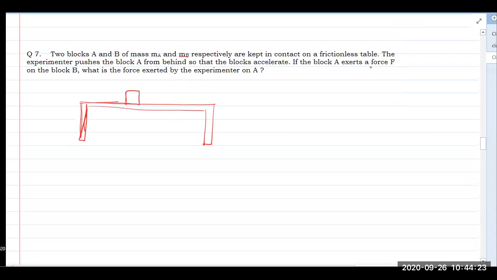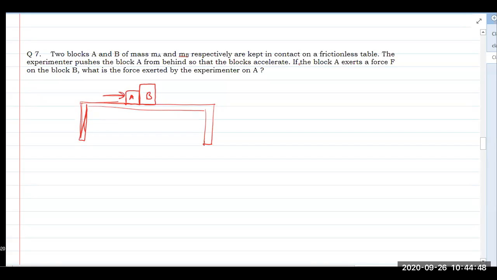The experimenter pushes the block A from behind so that the blocks accelerate. Suppose this is A and this is B, and the experimenter pushes with a force from behind like this.